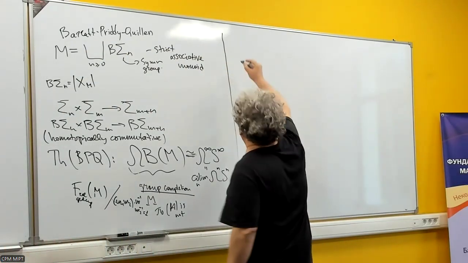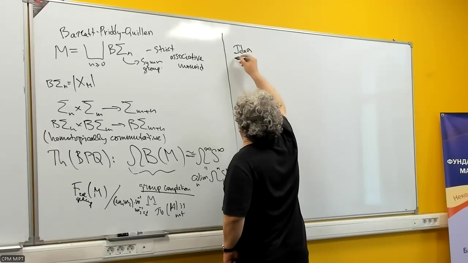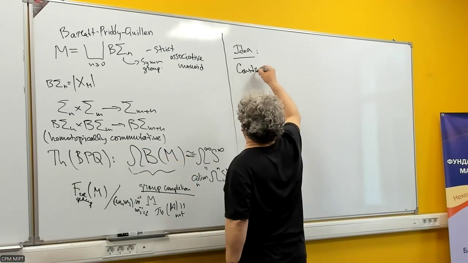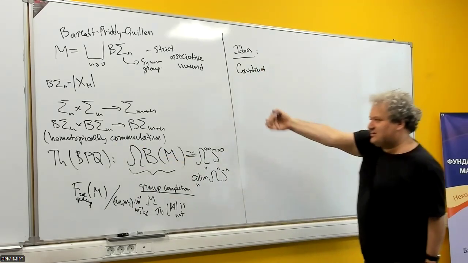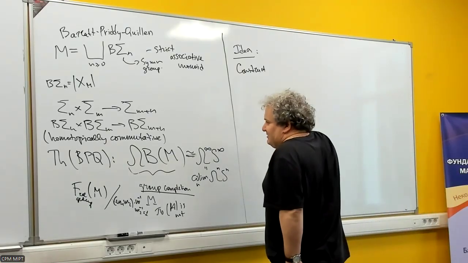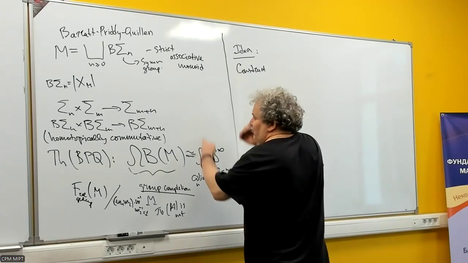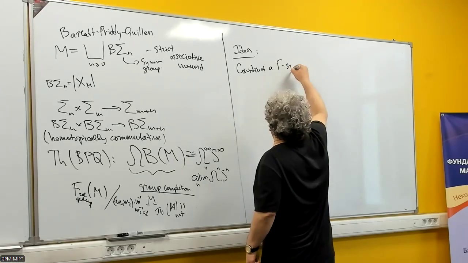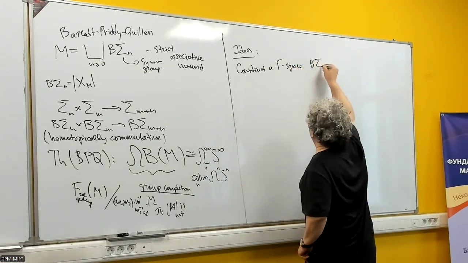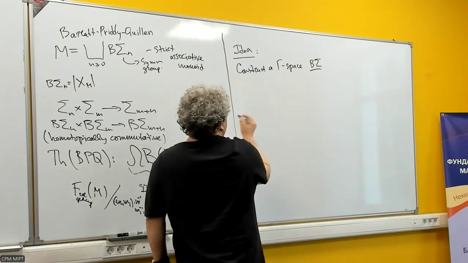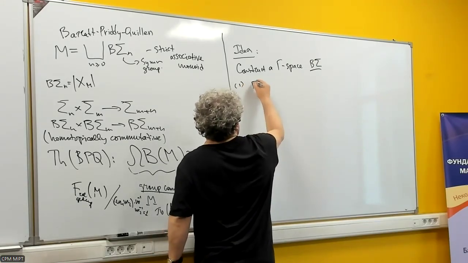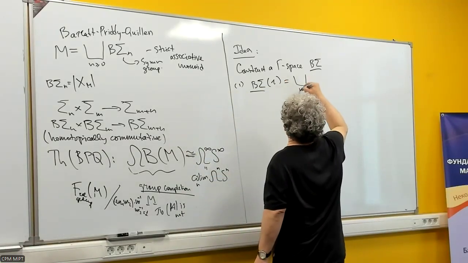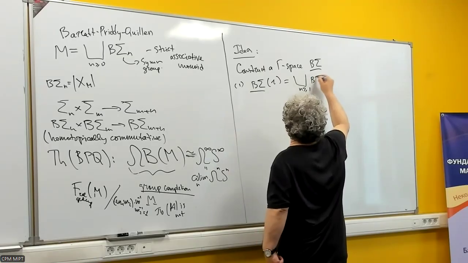Yes, so then, what is the idea? The idea is to construct a gamma space. So as I said, it's homotopically commutative, I will explain it in a moment. And the fact that it's homotopically commutative hints that it could be a restriction. So construct a gamma space, which we call BΣ, with the following properties. The first property is that BΣ of 1 is exactly my monoid, the disjoint union of BΣn.